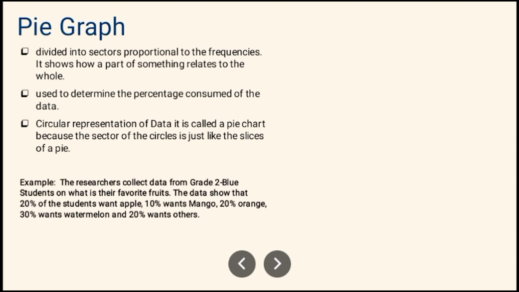Example, the researchers collect data from grade 2 blue students on what their favorite fruits are. The data shows that 20% of the students want apple, 10% want mango, 20% want orange, 30% want watermelon, and 20% want others or they are still undecided.